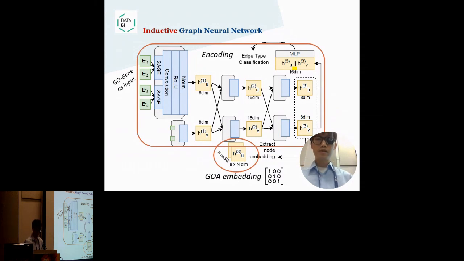And then the representation will encode the information of which GO term is annotated to which gene respectively. After the encoding, this mathematical representation displayed as H3 will be extracted to be used for combining with the BERT inconsistency detection model.